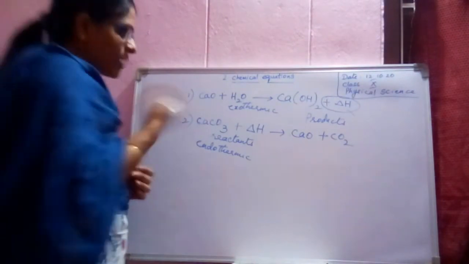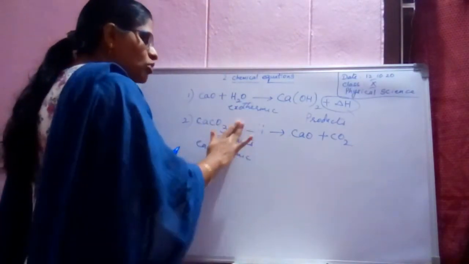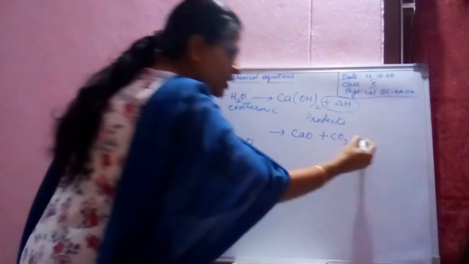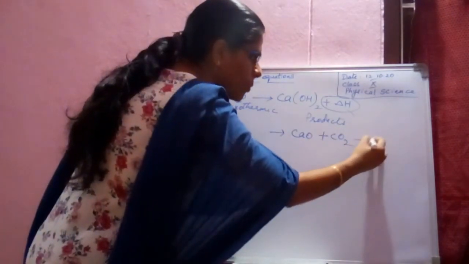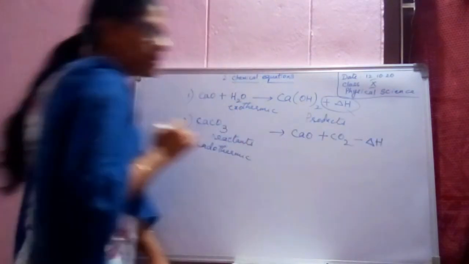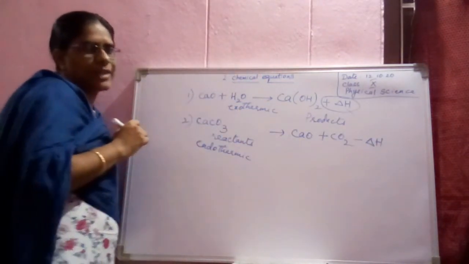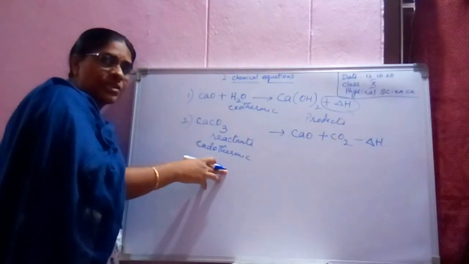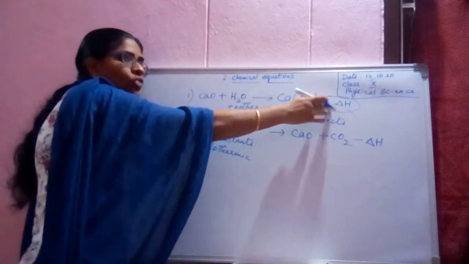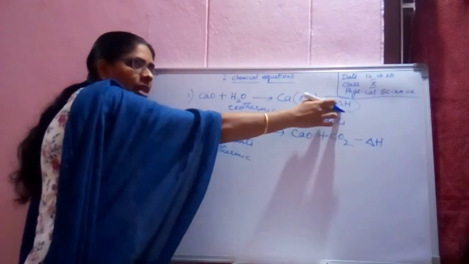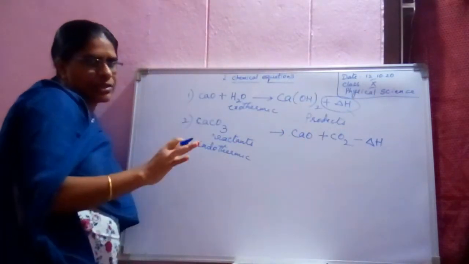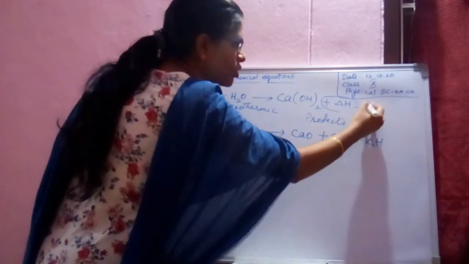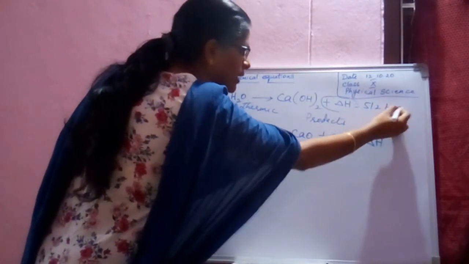Sometimes they may also give you CaCO3 gives CaO plus CO2 minus delta H. Which type of reaction is this? It's an endothermic reaction. That's why I told you about the positive sign with delta H. Sometimes they may give you plus delta H equal to 512 kilocalories.